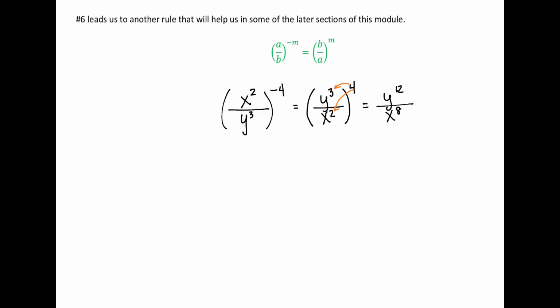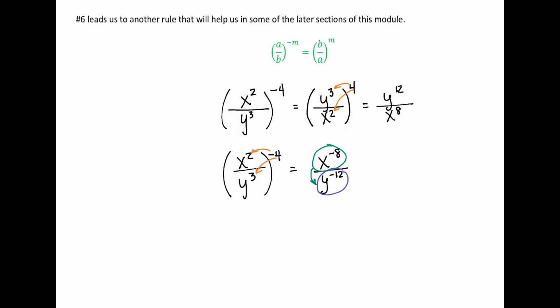And you're done. Okay? A way of proving this, I'm going to do exactly the same problem and show you how it can be done without using this new rule. Okay, so we're going to take the negative 4 exponent to both, and we end up with x to the negative 8th over y to the negative 12th. This is negative in the numerator, or the exponent is, so it needs to go downstairs.